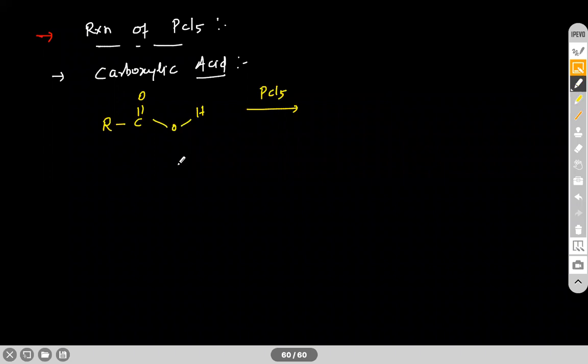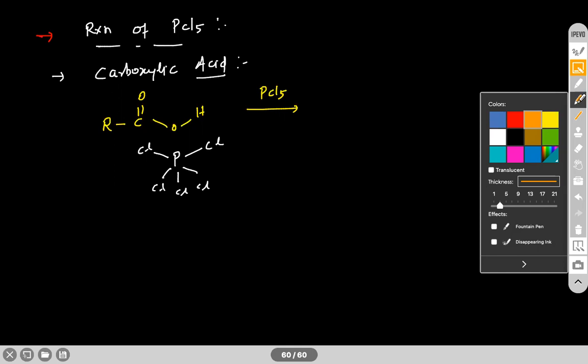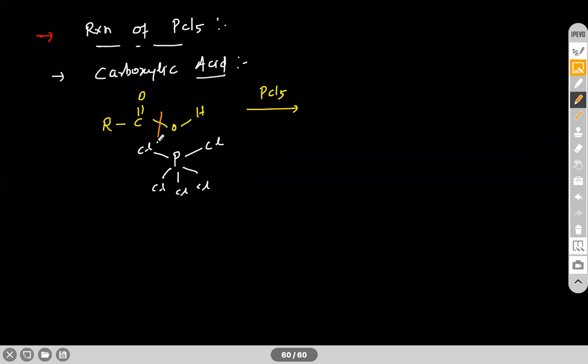So what happens? You see, again the same thing. Phosphorus, oxygen के पास I wrote phosphorus Cl Cl and 3 chlorine atoms here. Now you understood what the possible product is. This goes this way and this goes this way. So you'll get acyl chloride plus HCl. Again you see you're getting POCl3.